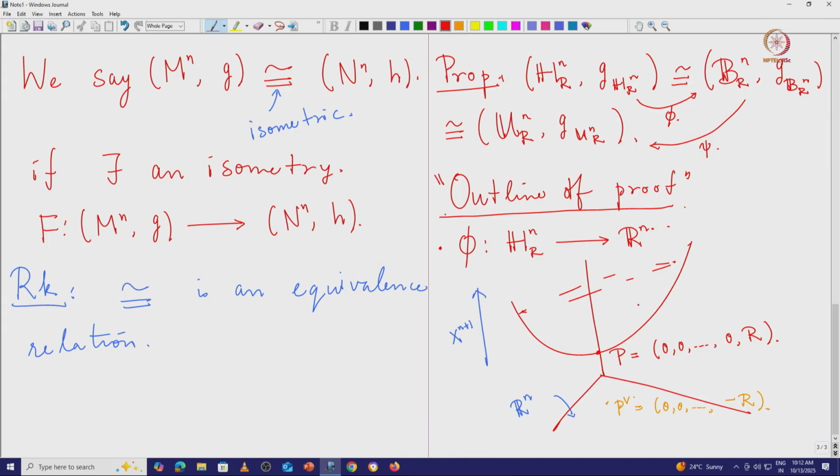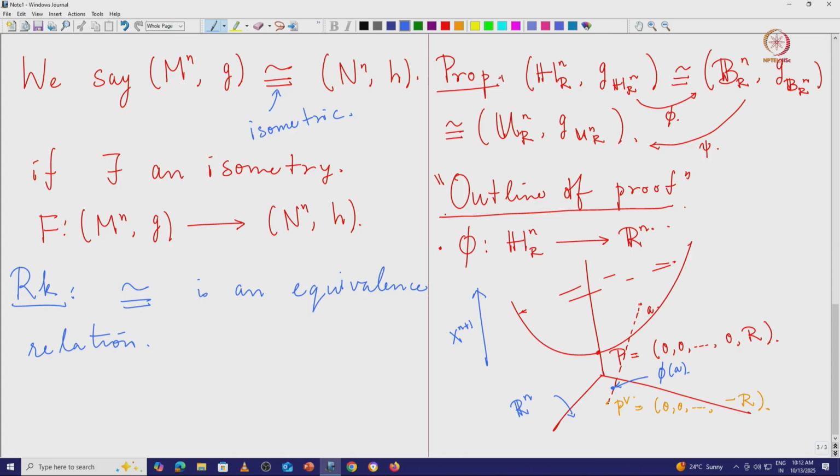Now suppose you are given any point A here. The map is the following: you join A to this dual P by a straight line. So that straight line is going to intersect the Rn plane at some point. So you call this point phi of A. Okay.